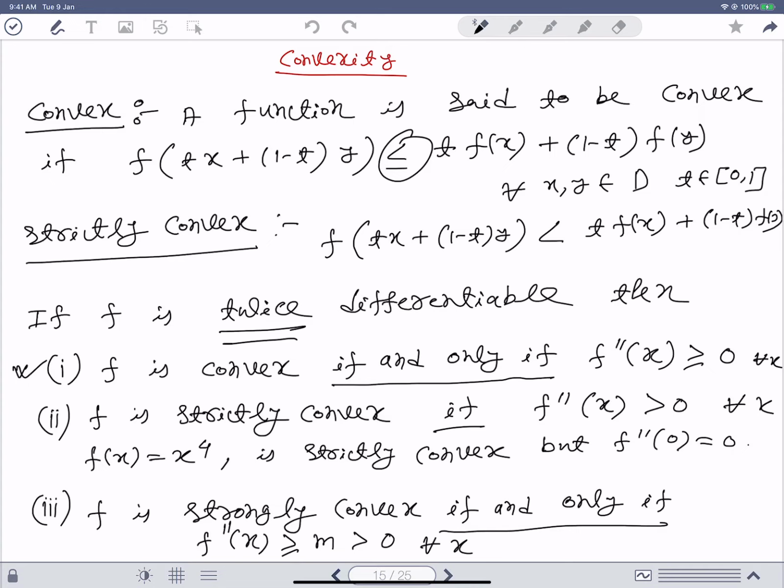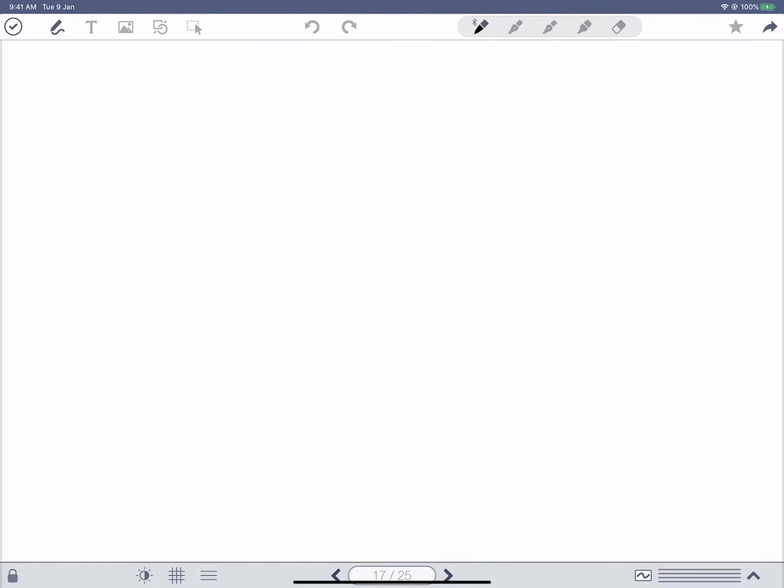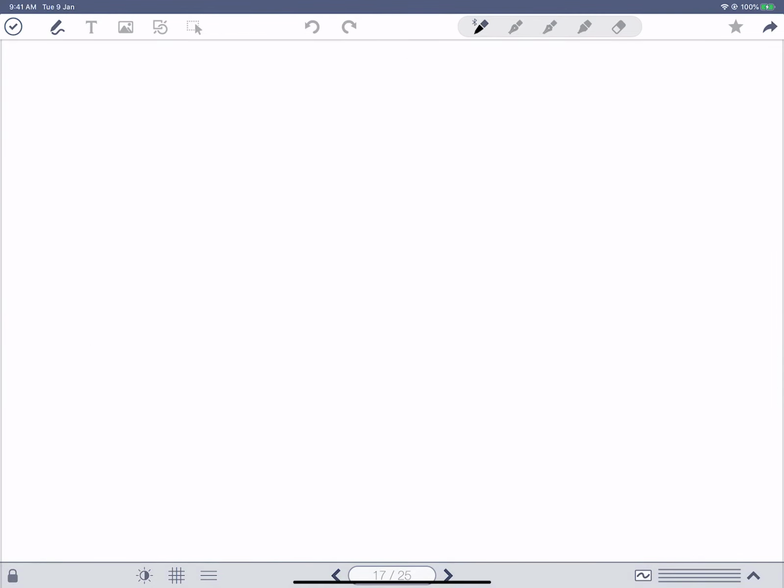Another one: please give a geometrical structure of strictly and strongly convex, how it looks and is defined. Generally you do not need strongly convex. I just defined it that way, but generally you need only convexity and strict convexity. You have to remember only these two. So, suppose you have a function in this way. What is the definition?